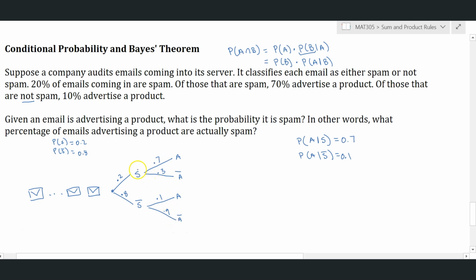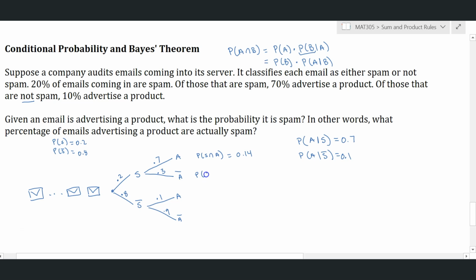So notice that we accounted for all 100% here of the spam emails and all 100% of the non-spam emails. And so once again, what we could compute is the percentage of all the emails that are both spam and advertise something, which would be the product of the probabilities, giving us 0.14.